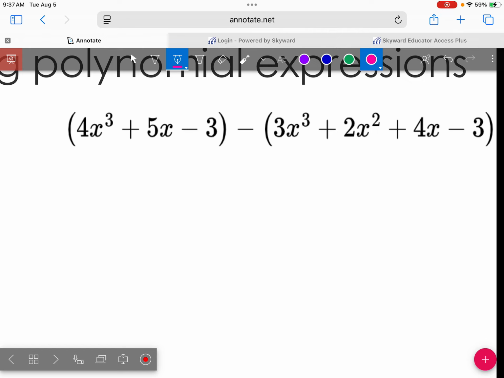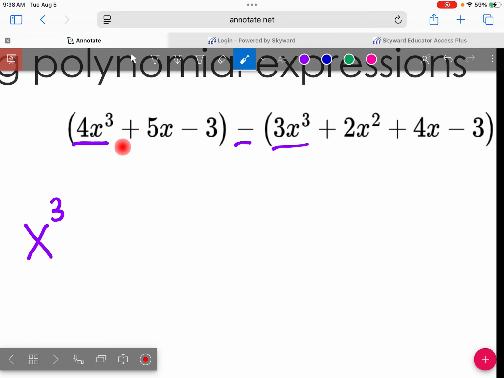Both ways are totally fine. So you can absolutely do it just by taking each chunk, or you can distribute. It does not matter to me. But we've got our 4x cubed minus 3x cubed. So that's going to give us 1x cubed.